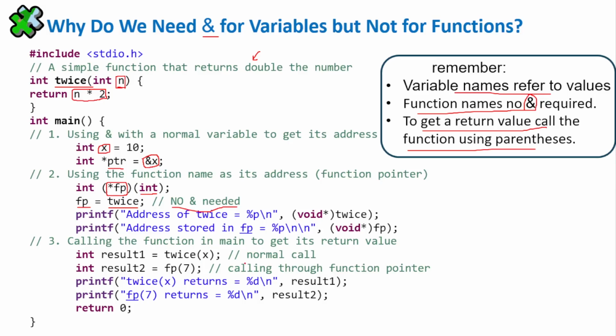This example clearly shows how function names act as addresses and how function pointers can be used to call functions dynamically in C.